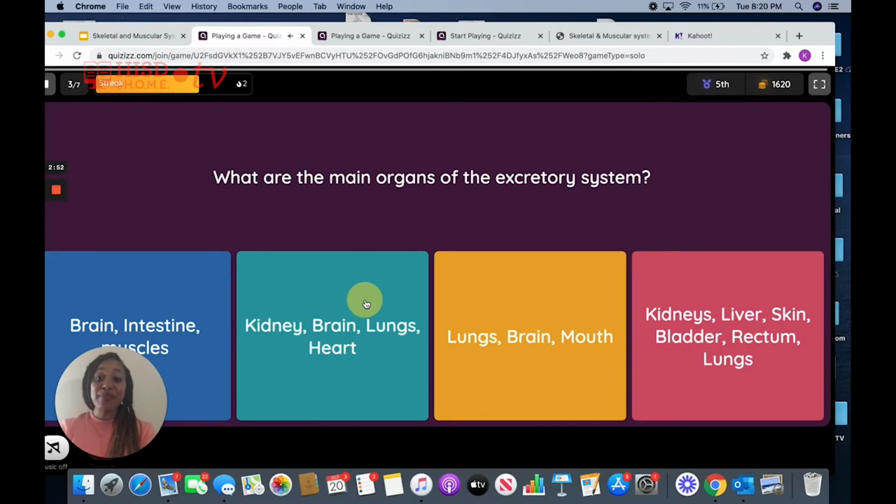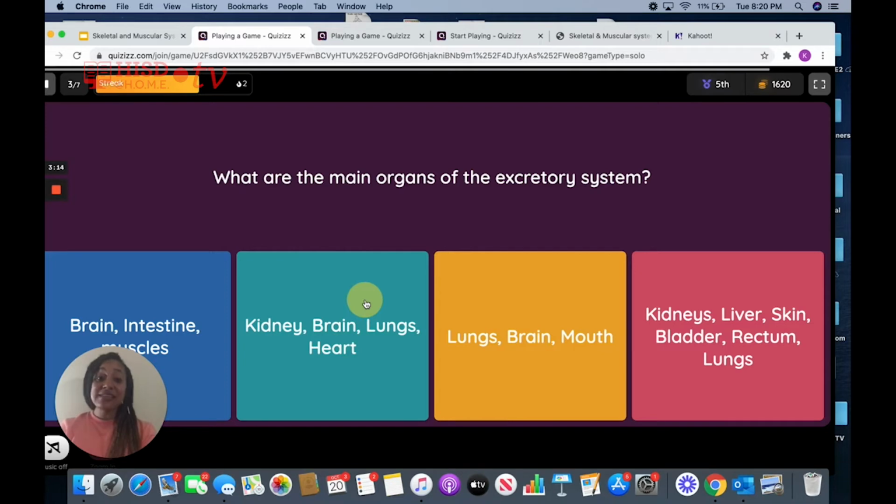Number 3, what are the main organs of the excretory system? Remember, the function of the excretory system is to remove waste. So which set of organs below is part of the removing waste process?